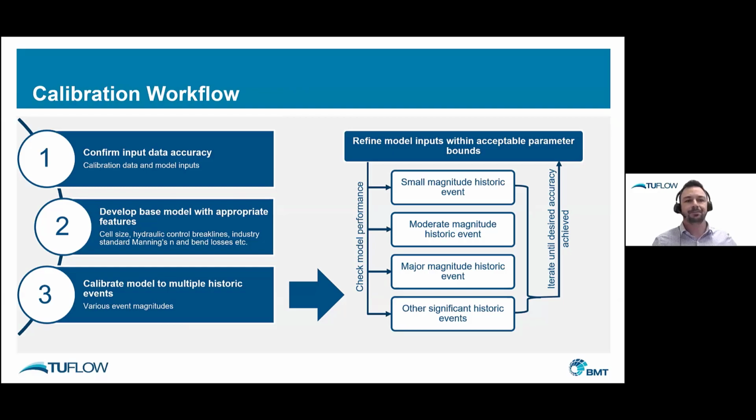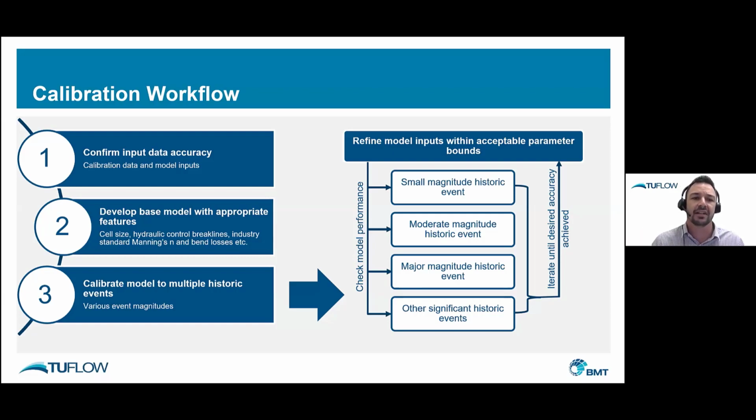Calibration workflow. This slide walks through the standard approach to calibration modelling. From left to right, the first thing I do initially is confirm all of my input data sets are accurate. And I'm not just talking about your model data sets, like your topography data and your boundary conditions, but also all of your calibration comparison data sets: your gauge data sets, your peak water level survey data sets.